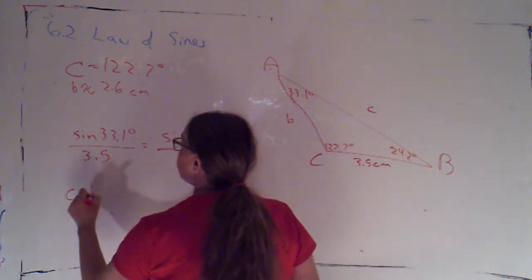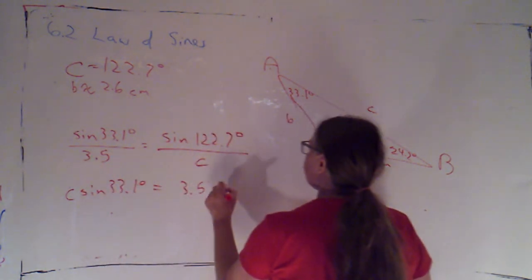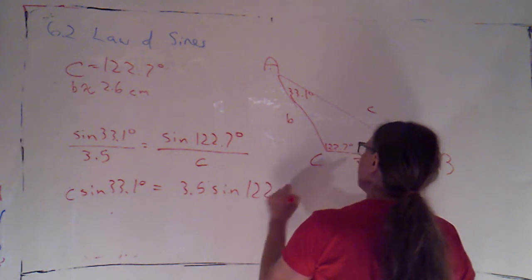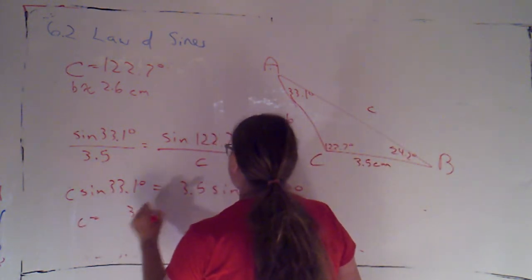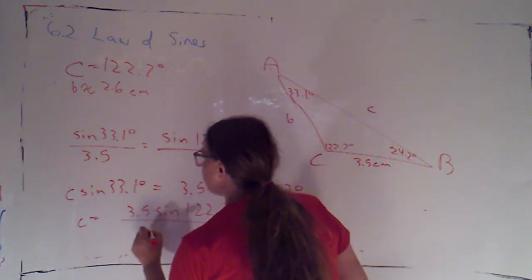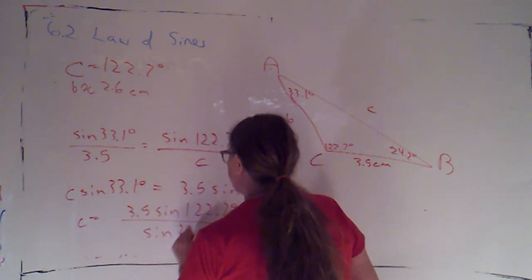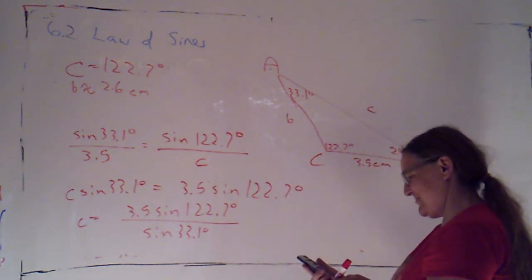So C times sine of 33.1 degrees is 3.5 times sine of 122.7. C is going to be 3.5 times sine of 122.7 degrees over sine of 33.1 degrees. And we pull out the calculator.